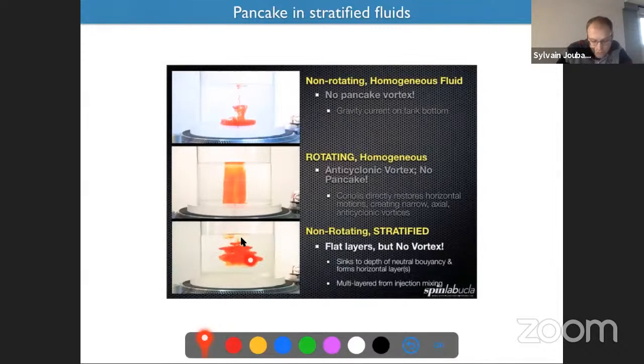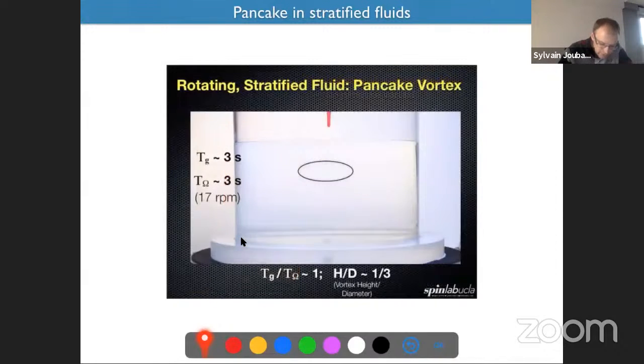It will normally choose the layers corresponding to its own density. You have multiple layers because you have some mixing during the injection. So that's why you have a layer here, here, and here. The density corresponds to the density of the ambient fluid at this side, and it's the same case here. The density of the ambient fluid here corresponds to the density of the fluid inside.